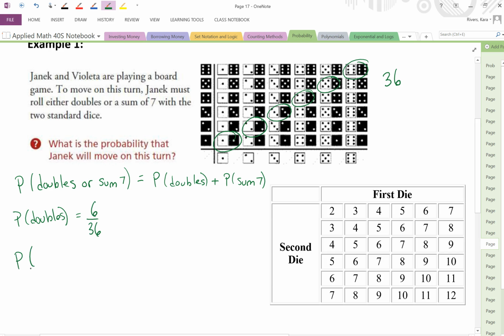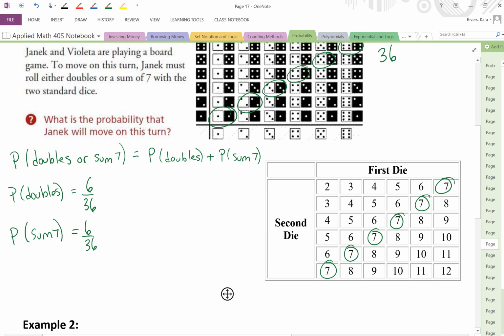And then the probability of getting a sum of 7, I can see easier in this chart, 7's all the way down here. And that would also be 6 out of 36. So the probability of Yannick being able to move on his turn will be equal to 6 out of 36 plus 6 out of 36.